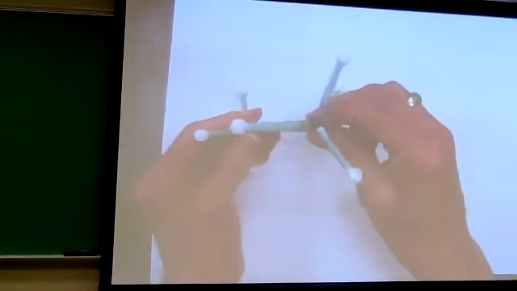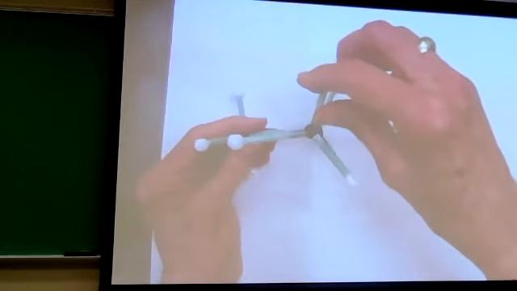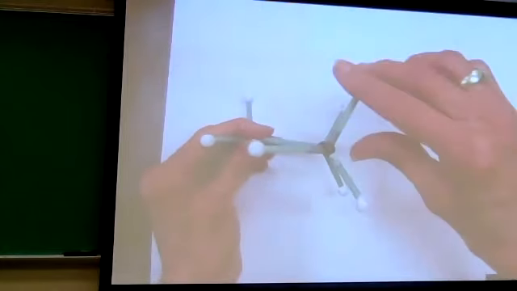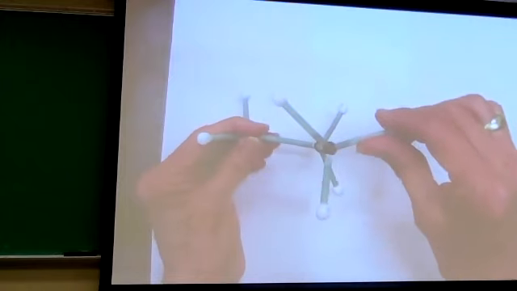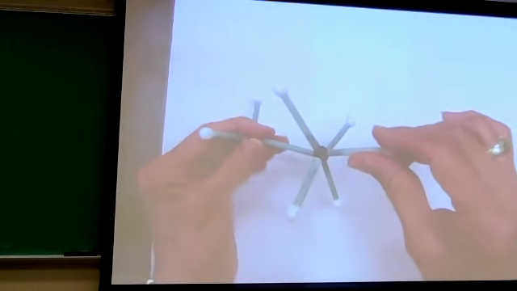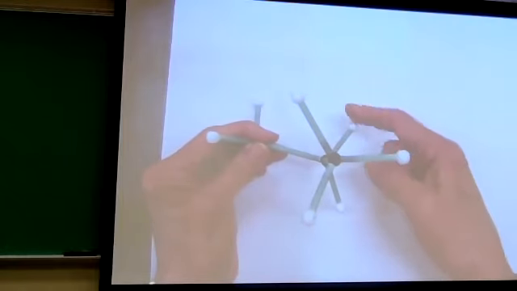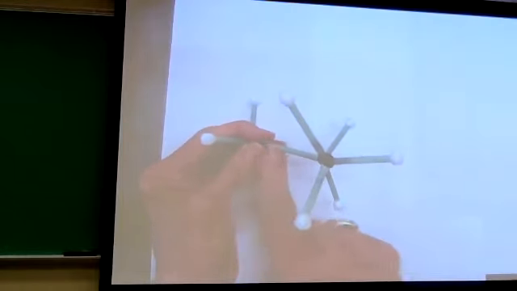And so this is going to be the eclipsed conformer, and then you're going to have staggered, where the CH bonds are as far away as possible from the other CH bonds and the carbon-carbon bond.